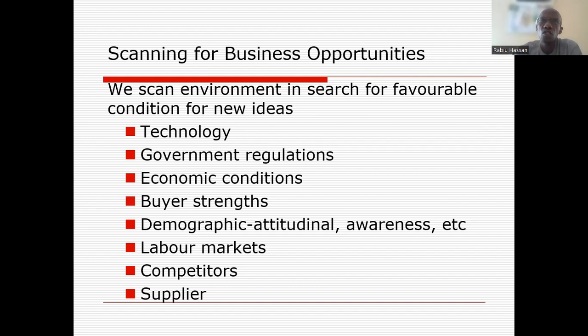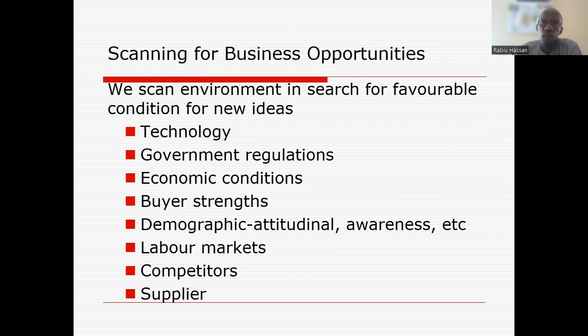And then economic conditions. Economic conditions are indicators that will tell you whether the economy is doing well or not, like a situation of boom or recession. They are indicators that will tell somebody that this is the right time to go into business. Maybe because of an increase in purchasing power, as a result of a decrease in taxation or interest rate, much more money would be available for people, and that would serve as an opportunity for people to go into business.